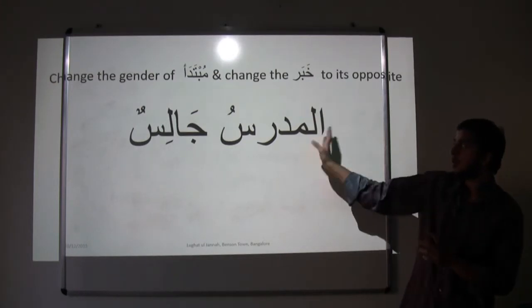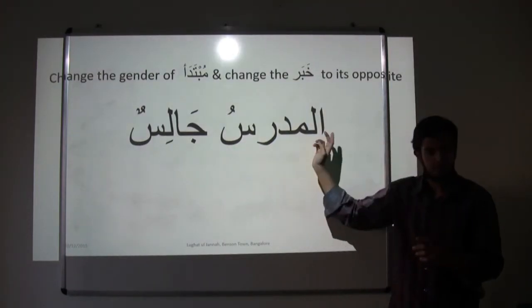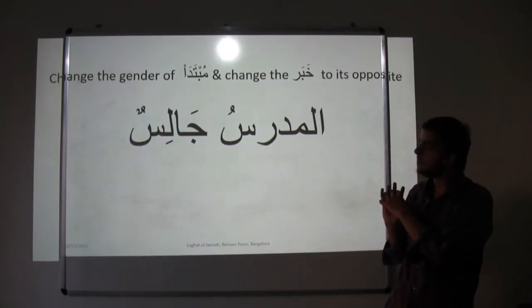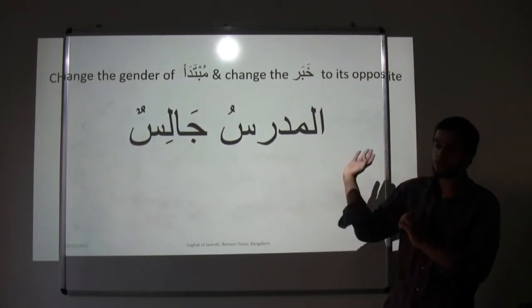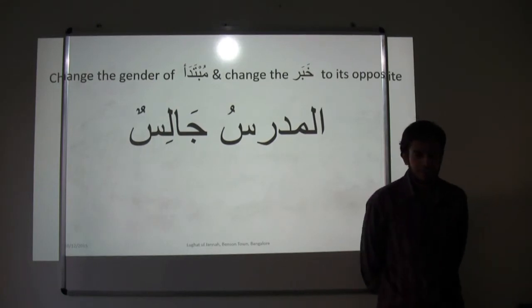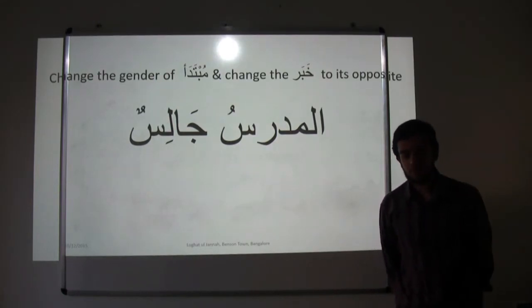So change the gender of the mubtada and change the khabar to its opposite, while applying the rule of feminine to khabar as well.